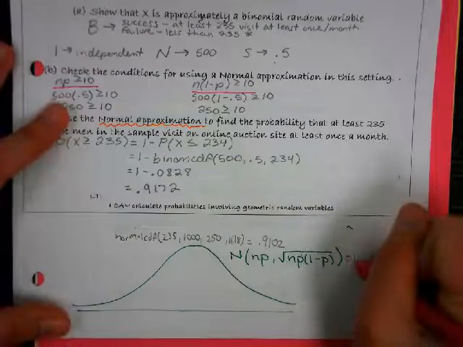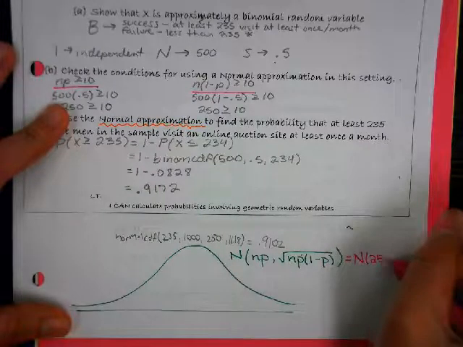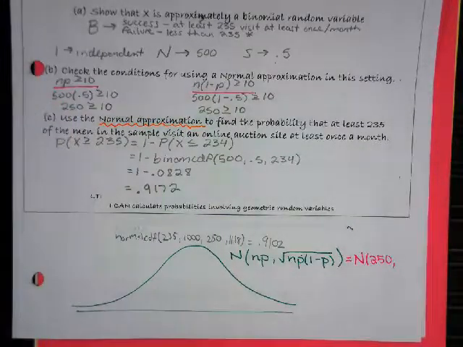And then if we do 500 times 0.5 times 0.5 and then square root it.